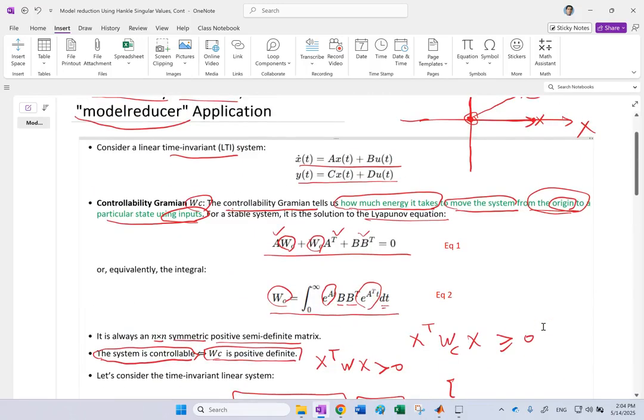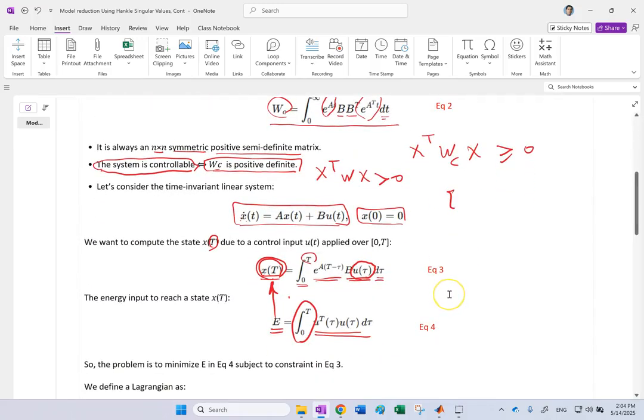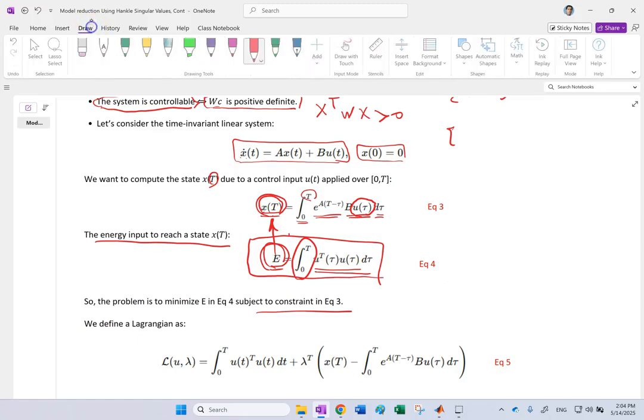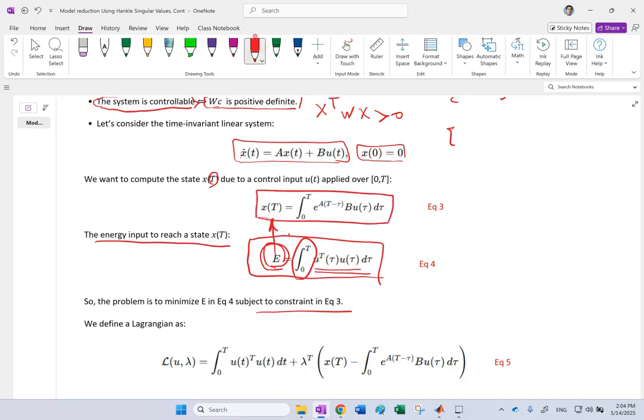The goal is to see which states are easiest to go to and which states are hardest to go to by forming this matrix. So my goal is to minimize the energy I need. This is the function that I want to minimize, subject to the constraint in equation 3, where the relation between my goal state and my inputs is defined by equation 3.